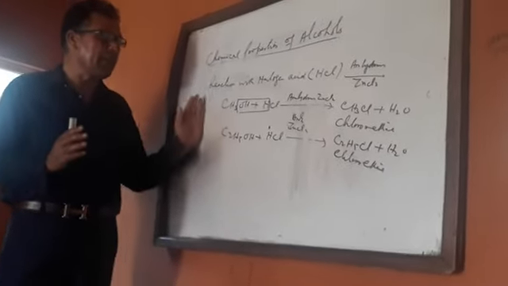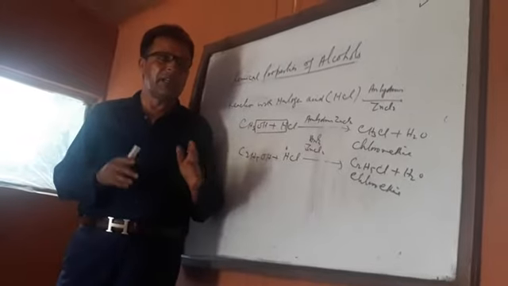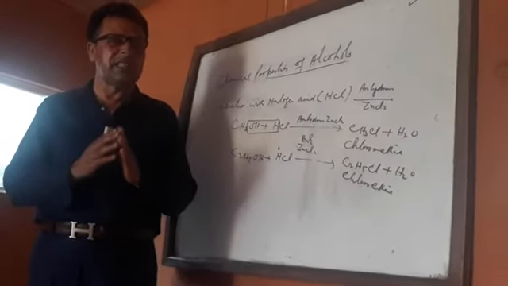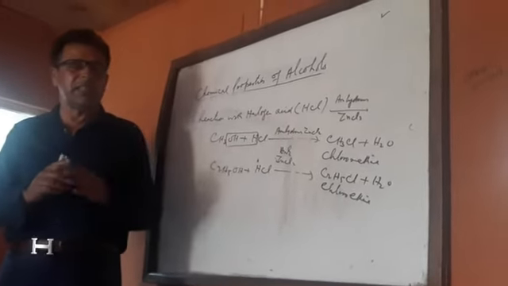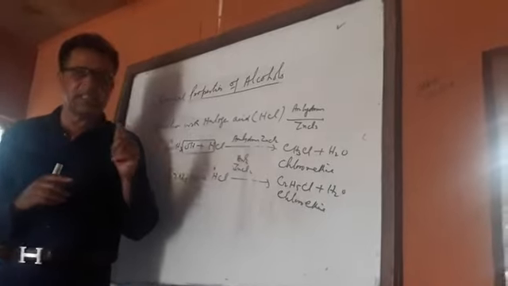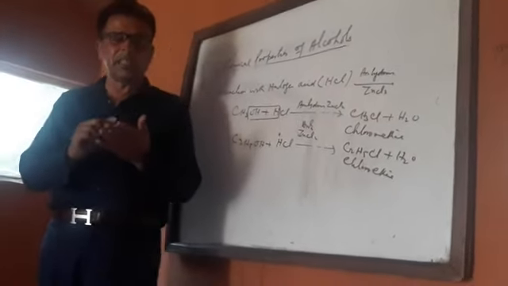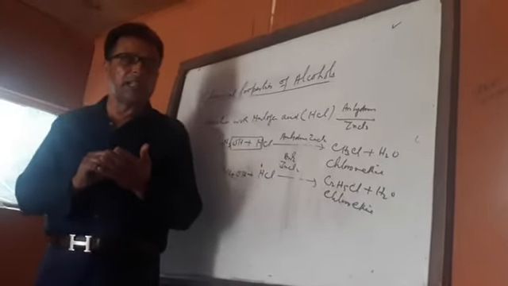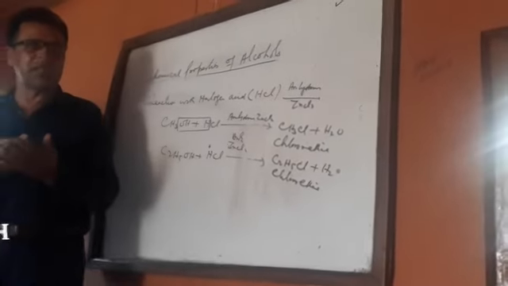तो प्रॉपर केमिकल प्रॉपर्टीज में सबसे पहले मैंने आपको पढ़ा है एसिडिक कैरेक्टर ऑफ अल्कोहल्स. मैंने कहा alcohols are acidic and weakly acidic in nature, therefore they react with the active metals to form corresponding alkoxides with the liberation of hydrogen. The acidic nature of alcohols is due to the presence of polar oxygen-hydrogen bond.